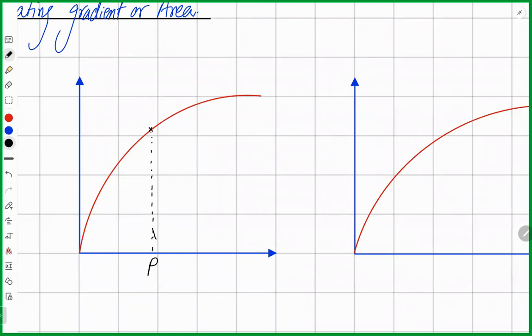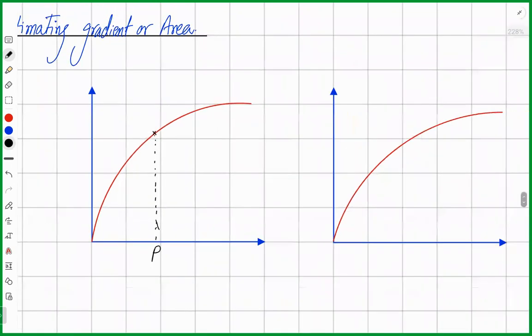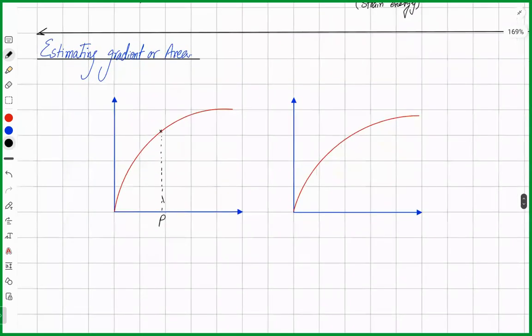How can we find gradient at a certain point? Rise over run. But we cannot do rise over run over here. It is a curved graph. If we make a tangent, it will. Yes. Now you're talking. And then use y2 minus y1 over x2 minus x1. Then select 2 points on that tangent.